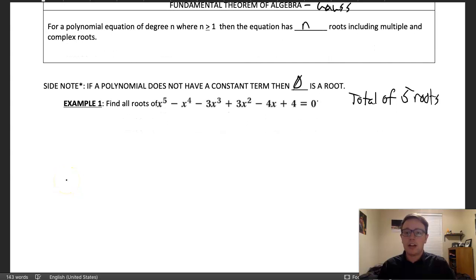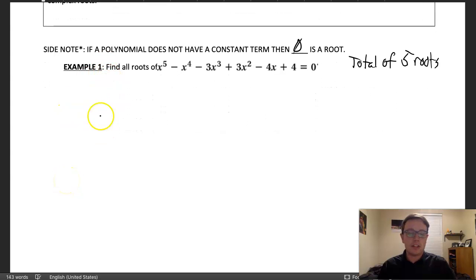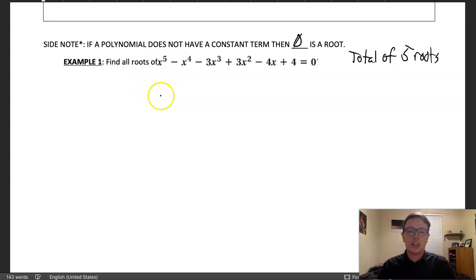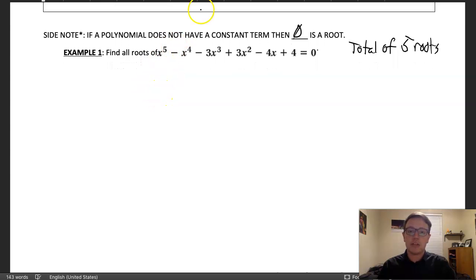Tell me, what are the methods that you would use to do this? Now if you said graphing, that could work. If you also said the rational root theorem and the remainder theorem, those are what we could use. We couldn't use u substitution. We couldn't really factor this as we see it, and we definitely can't complete the square or use the quadratic formula. So let's go ahead and start with the rational root theorem.